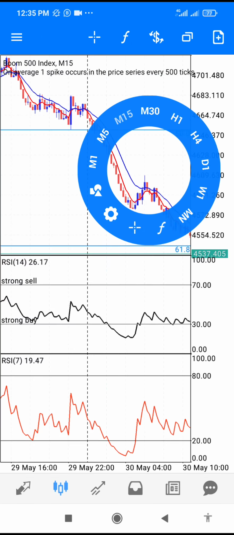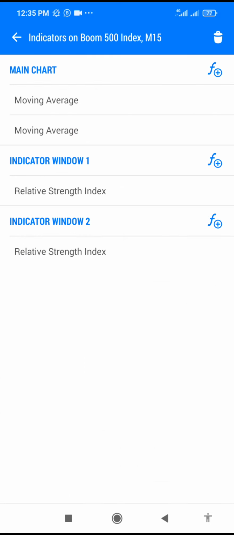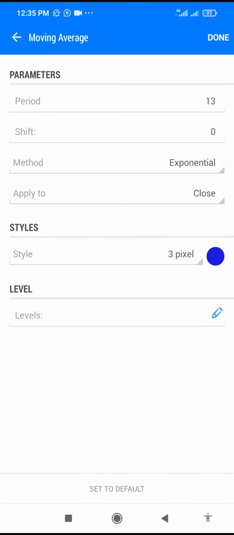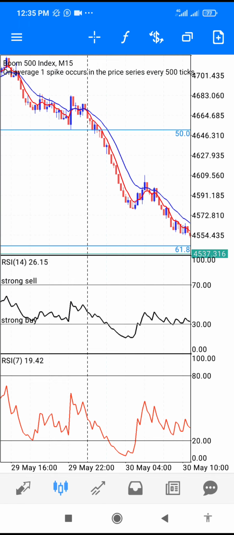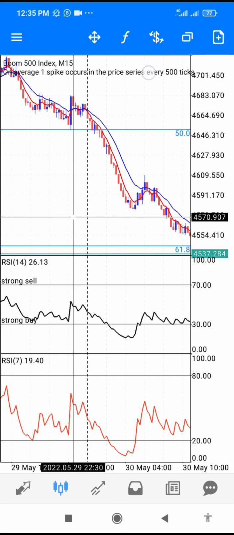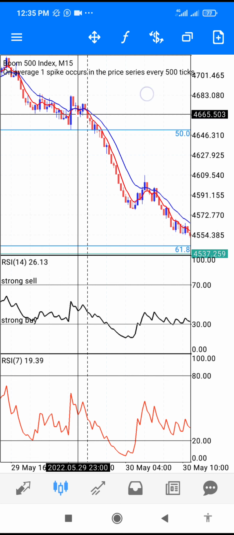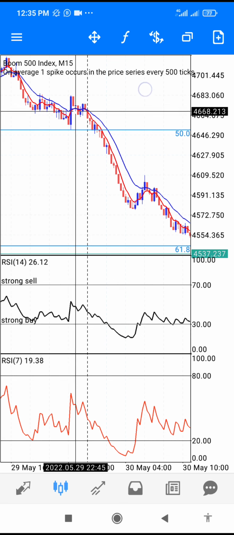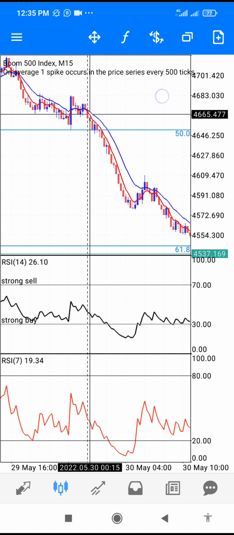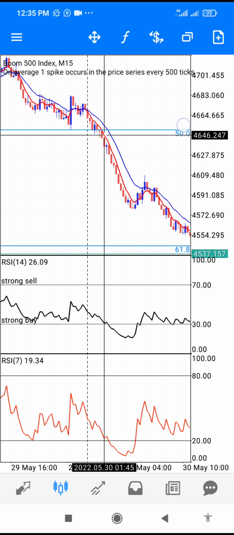Then the second MA is MA 13, exponential 13, close, pixel 3. So when they cross each other, like here, you see here, I'm very careful when I'm selling. Sorry, rather, I'm very careful when I'm buying, because it shows that it will be going all down.